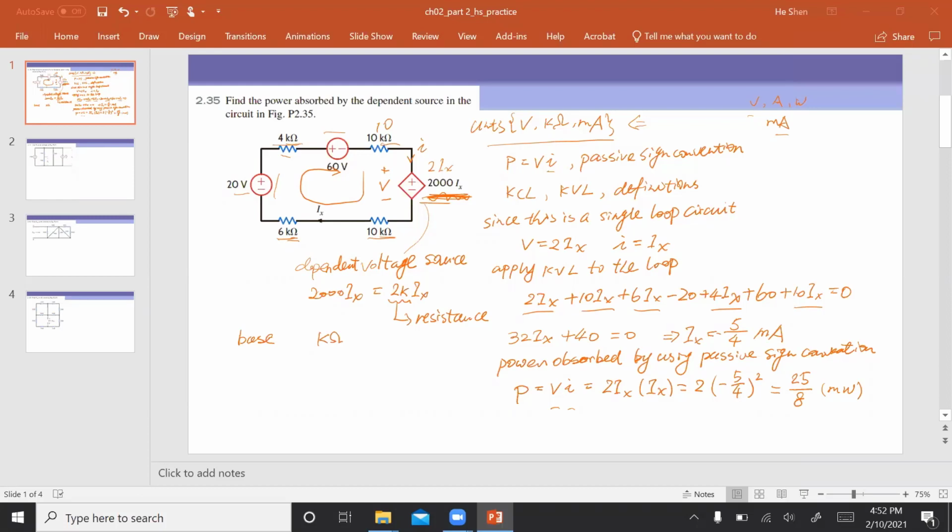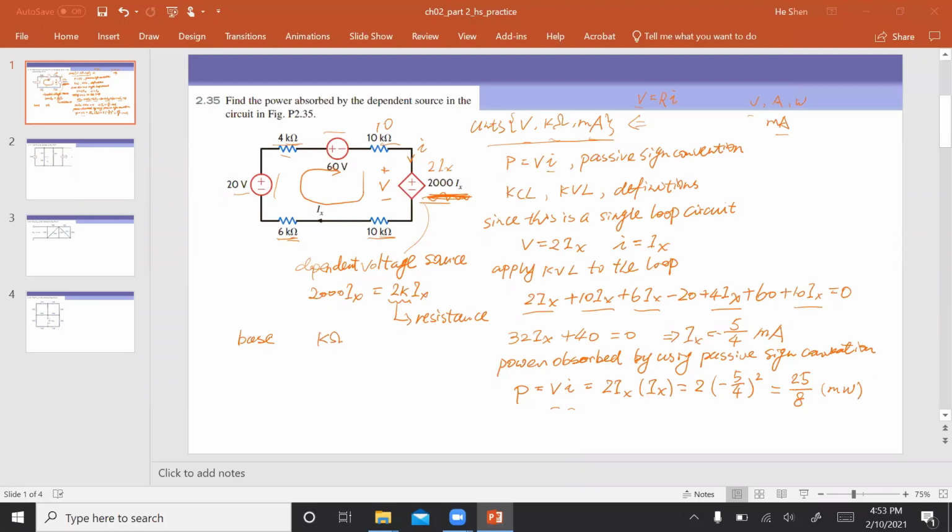Professor, why was 2000 amps converted to 2 kiloamps if we're trying to work with milliamps? Milliamp, kilo ohm, and volts are compatible. So look at Ohm's law. The voltage drop on the resistor is equal to resistor value times current I, right?